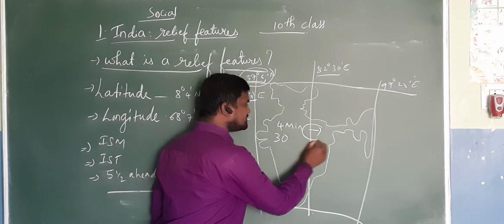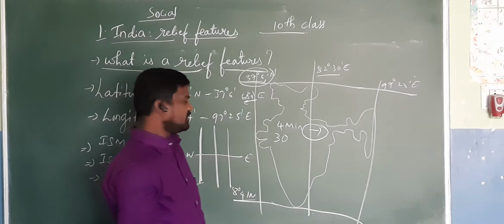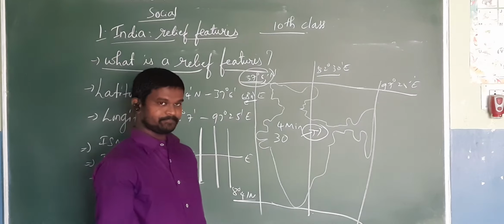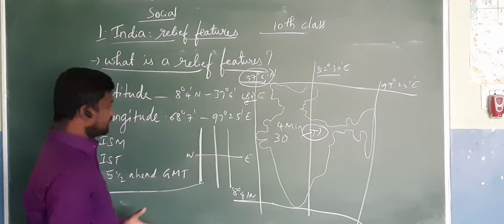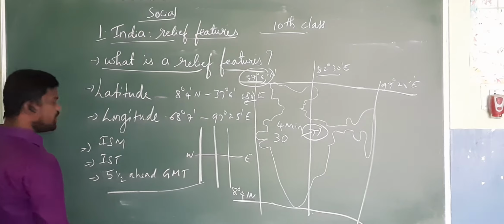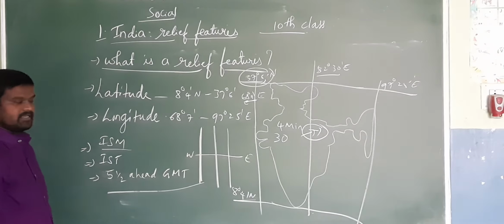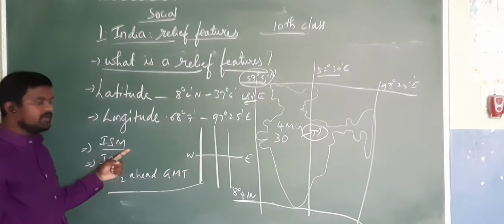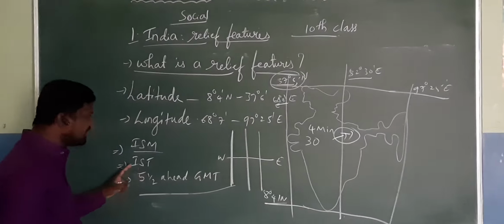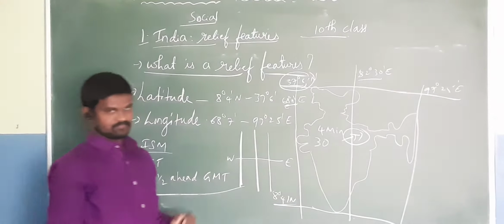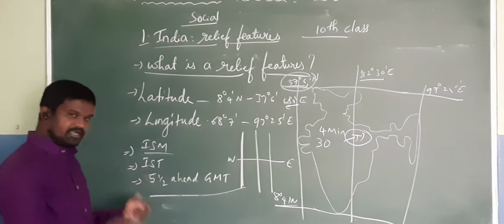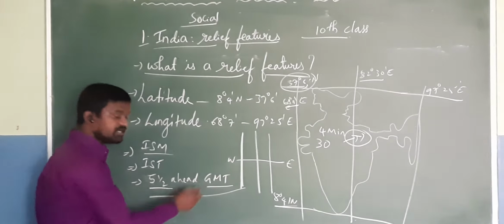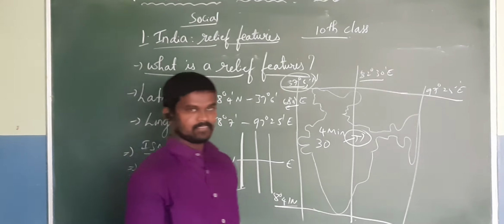The time on the clock is fixed for the entire country by it. The 82 degree 30 minutes meridian is called the Indian Standard Meridian. It is the reference for Indian Standard Time, and Indian Standard Time is 5.5 hours ahead of Greenwich Mean Time.